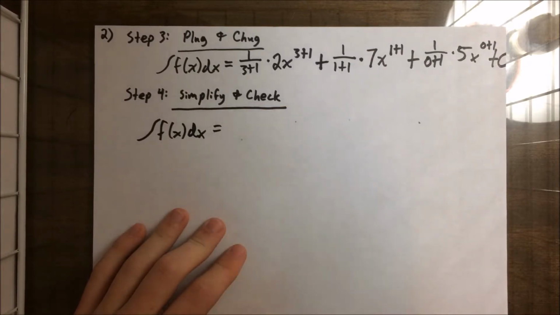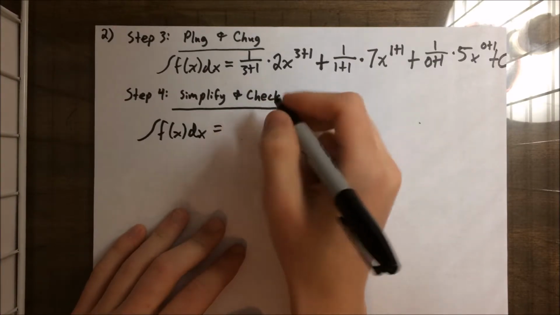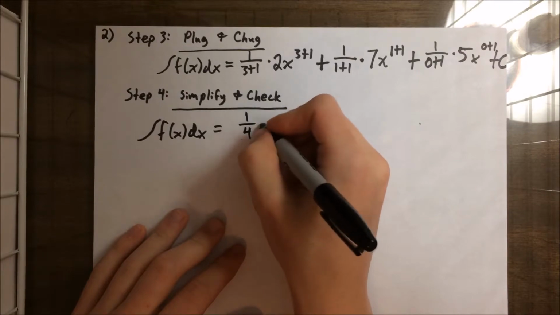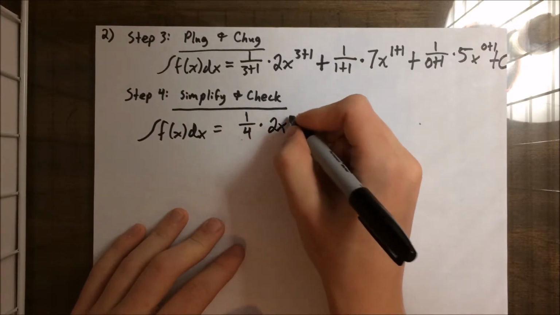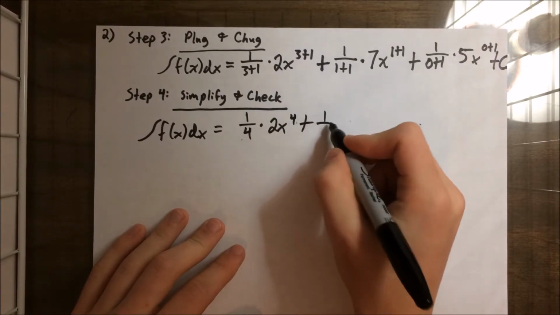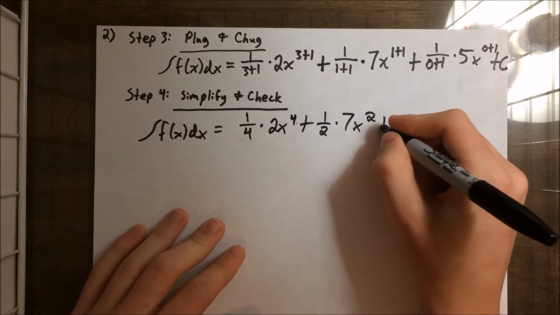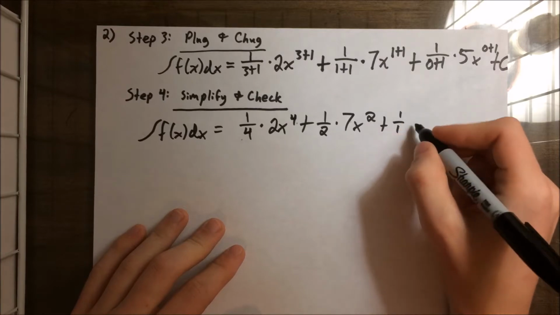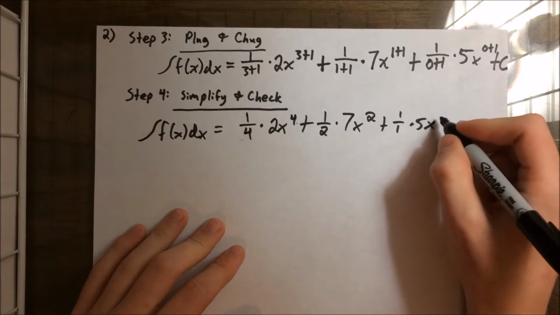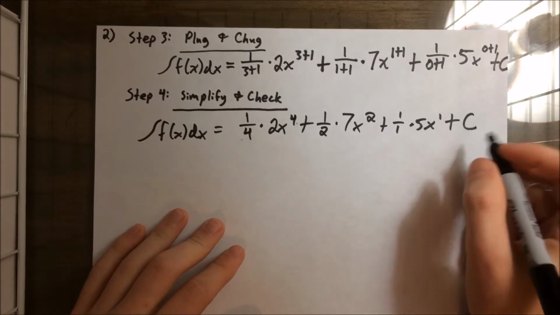I just did it the first time so that way you'd know. Okay, so let's simplify. 1/4 times 2x to the 4th plus 1/2 times 7x squared plus 1 over 1 times 5x to the 1st plus c. Don't forget plus c.